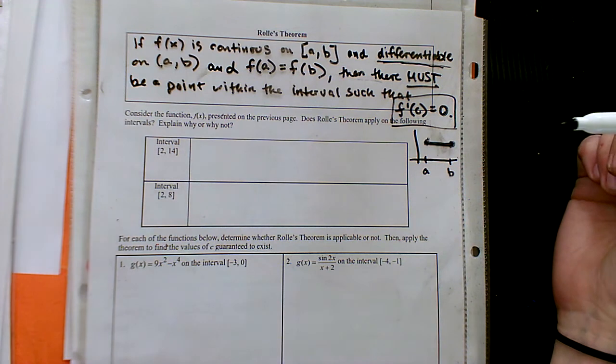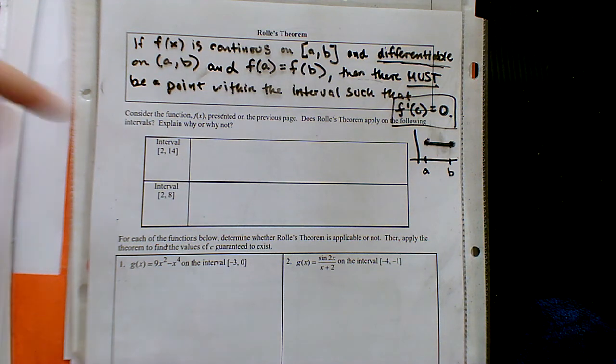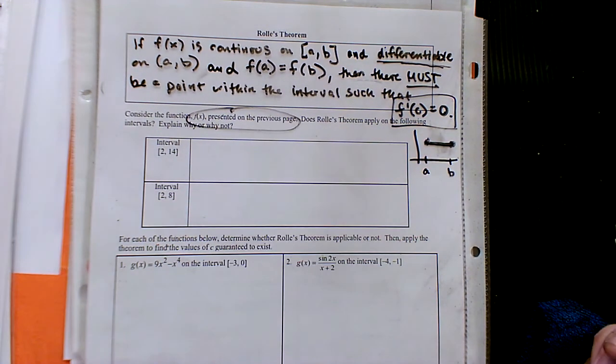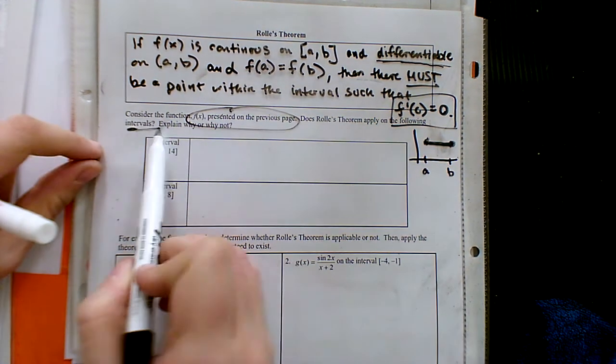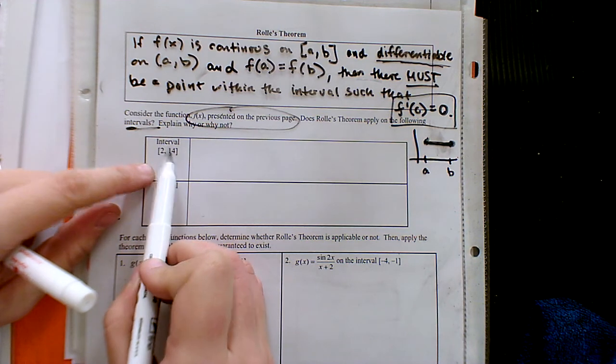Okay, so just like any other theorem that we've looked at this year, we want to make sure that we're able to first identify, can we apply it, can we not? And then if we can, let's go ahead and try to find that special spot that the theorem says should be there. So let's see, if we look at the graph on the previous page, so you might have to do some flipping, does Rolle's theorem apply for the following intervals? So our first interval is from 2 to 14.